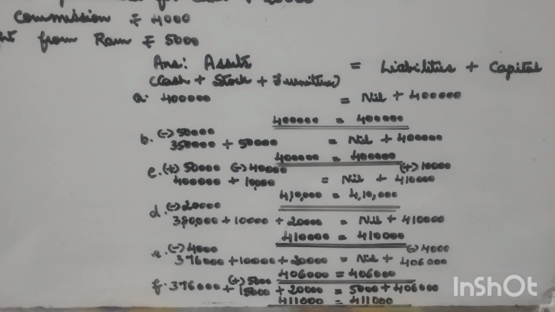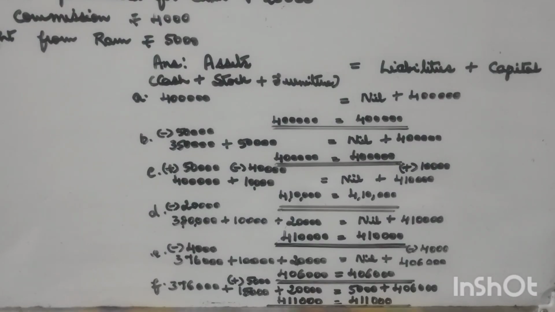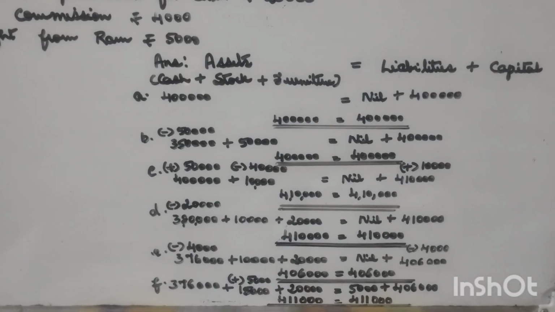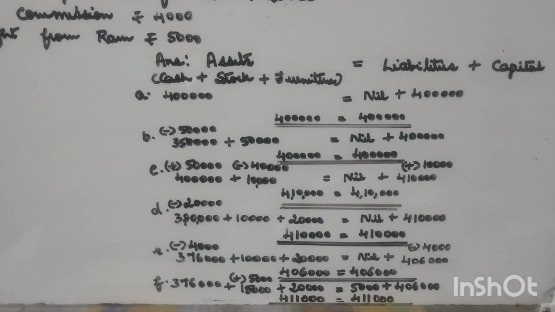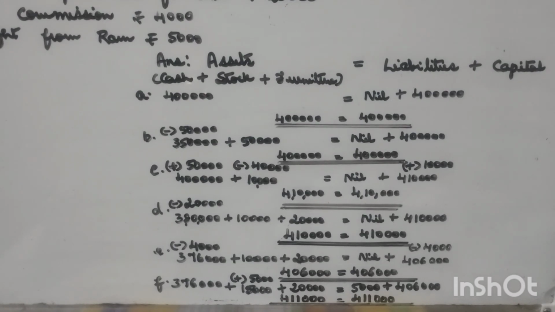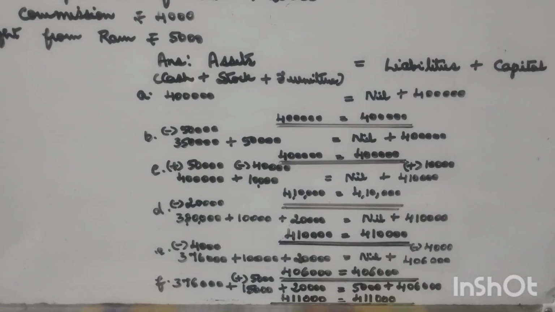Last transaction, bought from Ram worth rupees 5,000. So it is a credit purchase transaction. Ram is a supplier. So the firm has a liability of 5,000 because it is not a cash purchase. It is a credit purchase of goods from Ram. So the cash balance will not be affected because it is a credit purchase transaction. Cash balance will be 3,76,000, plus there is arrival of goods.